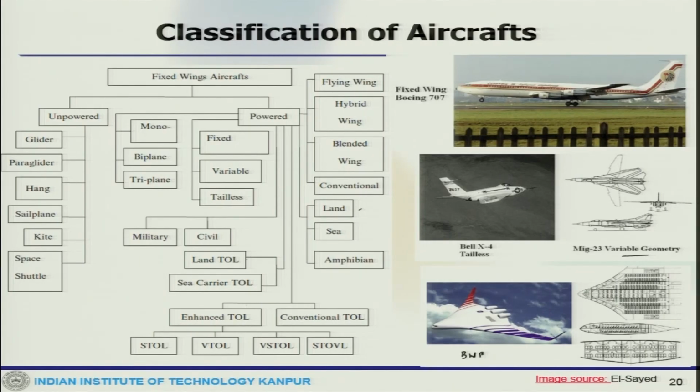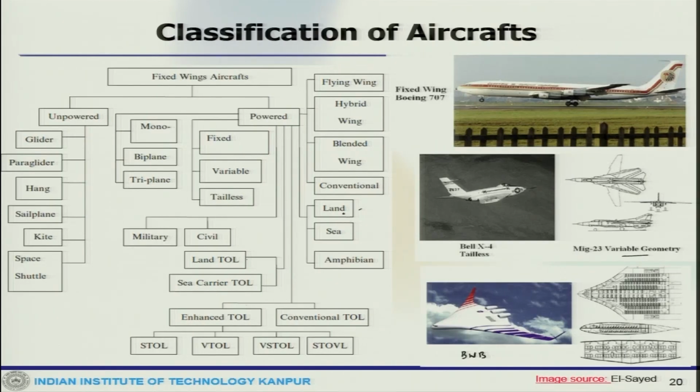So, one can see that blended wing body, and this is some of the picture of that. So, I mean, this is nice to see different kinds of aircraft which are in place because of the development.